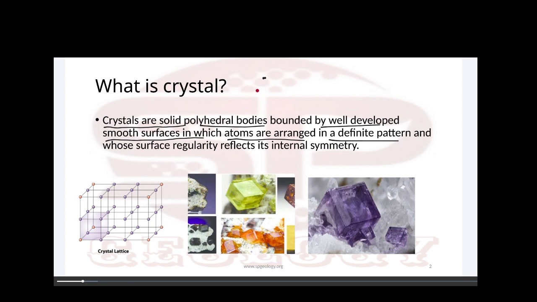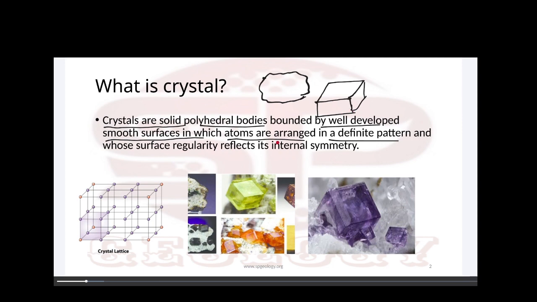And polyhedral, it should have many faces and all the faces should be well developed. Normally, stones of different shapes cannot be considered as a crystal because they don't have any face. So for a crystal, they should have many faces and the faces should be well developed.